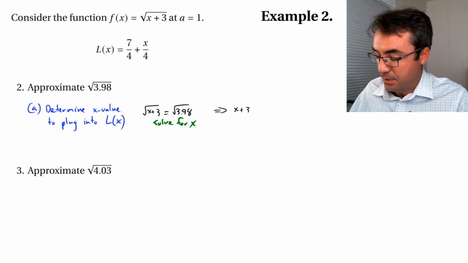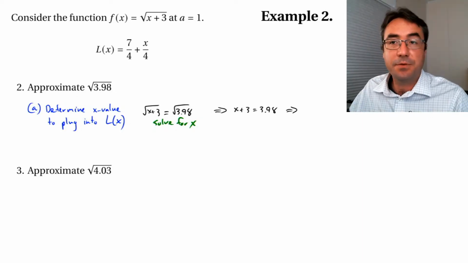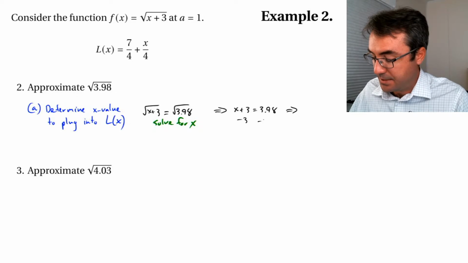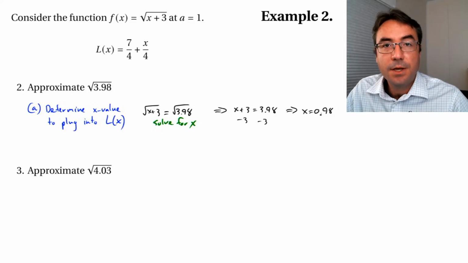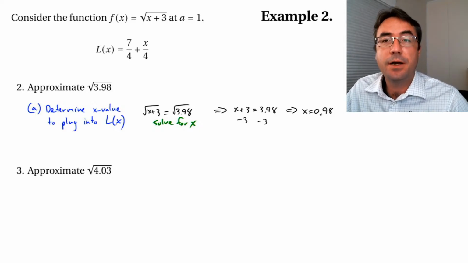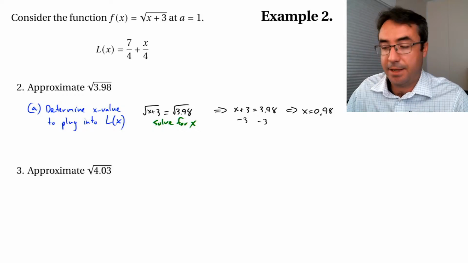That gives us x plus 3 is equal to 3.98. Then subtract 3 from both sides to get x by itself. And we see x is 0.98. So that's the value we're going to plug into our linearization in order to approximate the square root of 3.98.